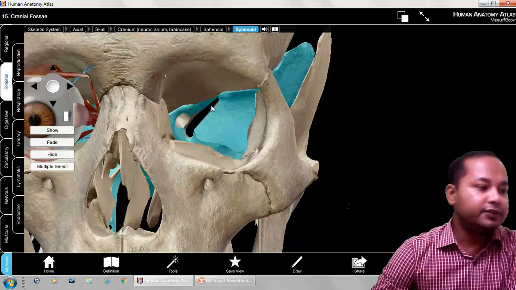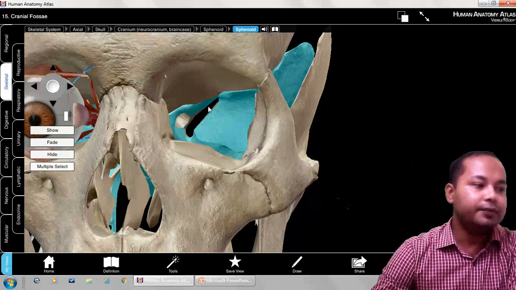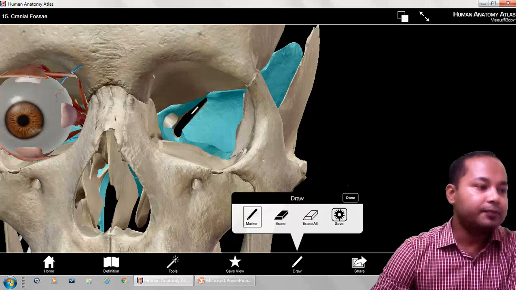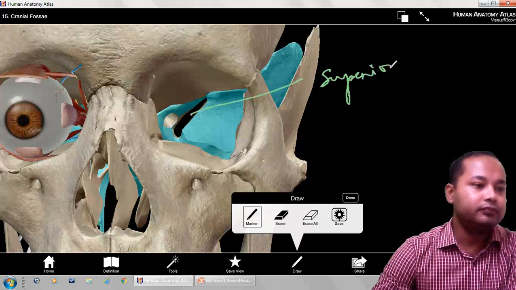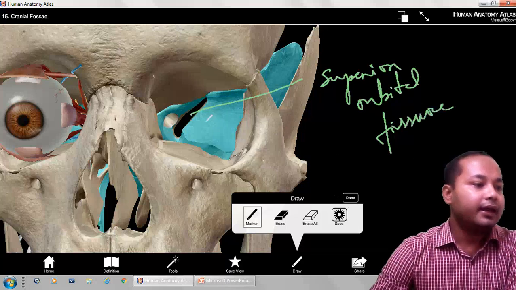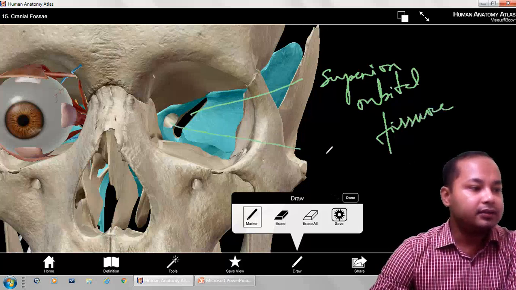The first thing I have told you is the superior orbital fissure. Okay, let me draw it out. This part is the superior orbital fissure. And this part is the optic canal.